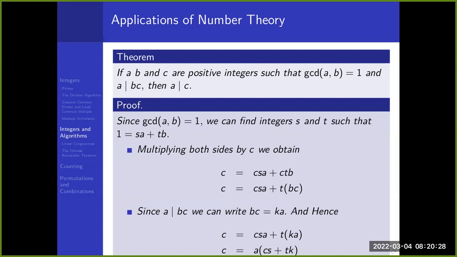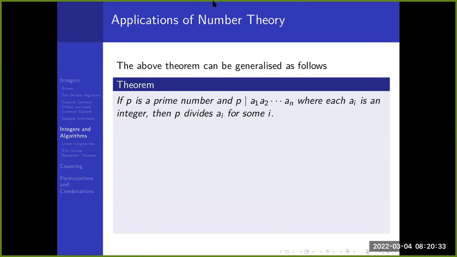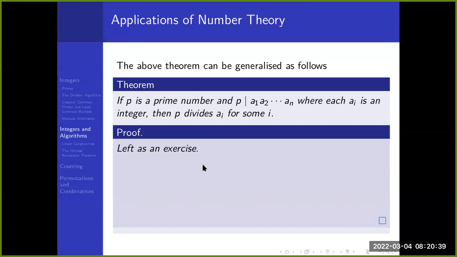Okay, so we can write it in a little more general form. This one says that if P is a prime number and P divides a product of n integers, A1, A2 up to AN, then P must divide at least one of these integers in the product.